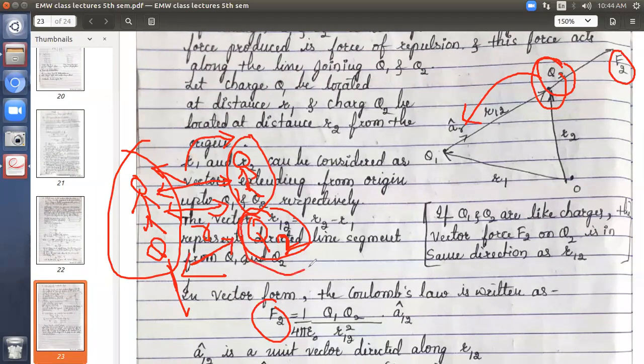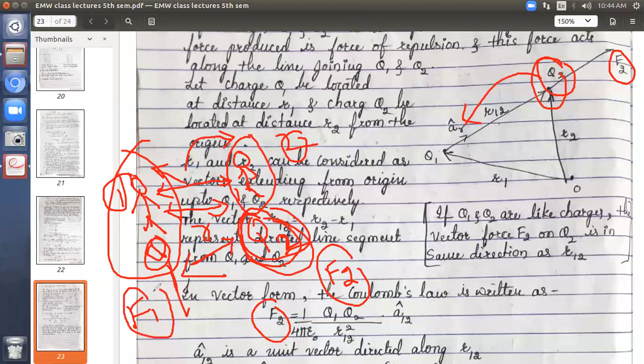So the force exerted on q1 by q2 is f1. Similarly, f2 is the force exerted on the second person by the first person, and f1 is the force exerted on the first person by the second person.